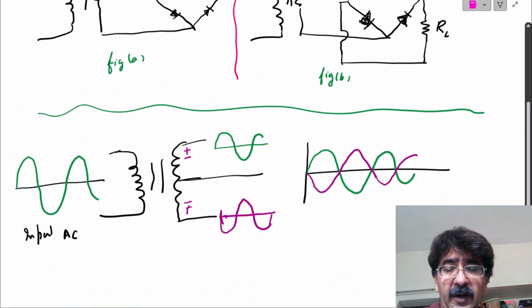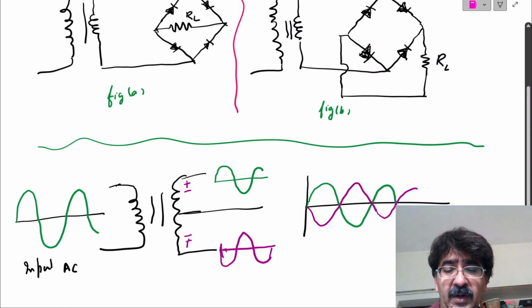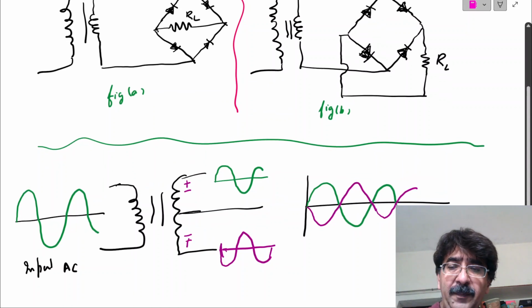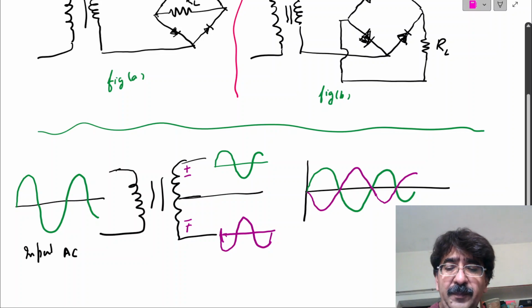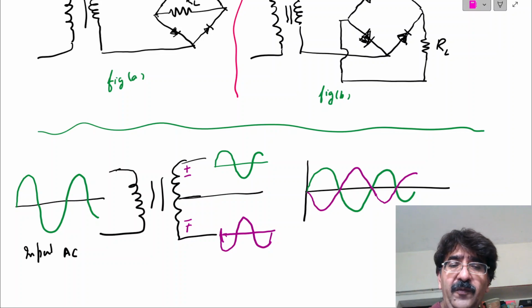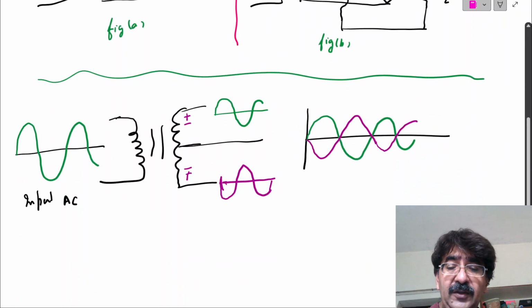This was used in the previous lecture. In the bridge rectifier we use the simple transformer. I will explain about it. There are two types of simple transformer: a step up transformer and a step down transformer.